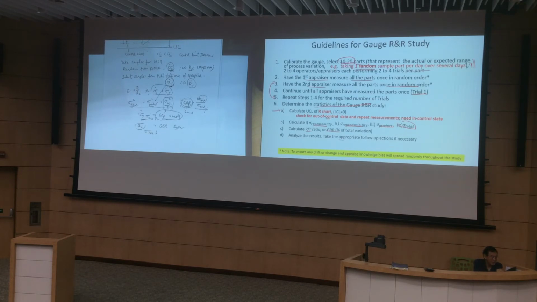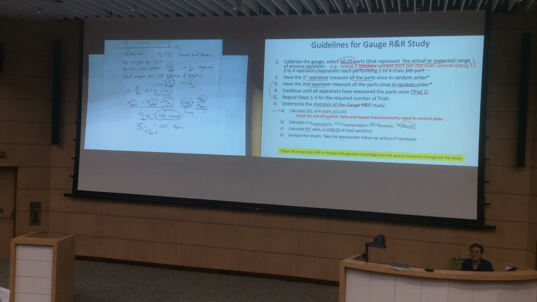When you select a sample part, it should actually represent what is expected from natural process variation. You take random sample parts per day over several days, or maybe one or two in the morning and then the afternoon, something like that. So you get some natural process variation spread.